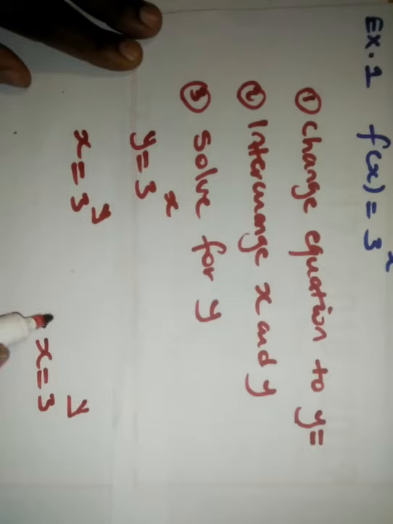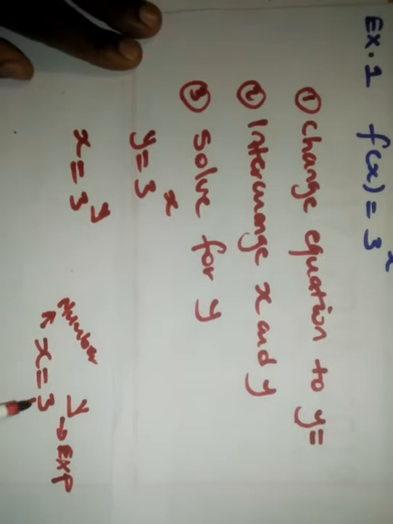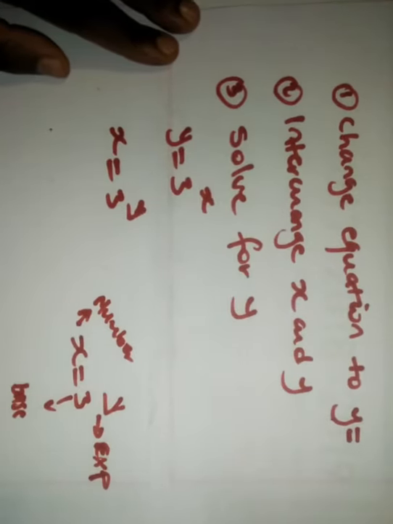This part over here is a number, this part over here is the base, and this part over here is the exponent. Right, so when we apply the log, whatever is the base remains the base, and whatever is the number becomes the exponent, and the exponent becomes the number.